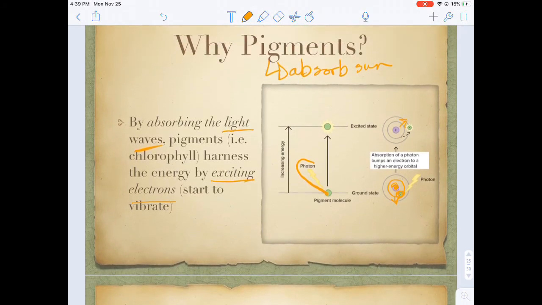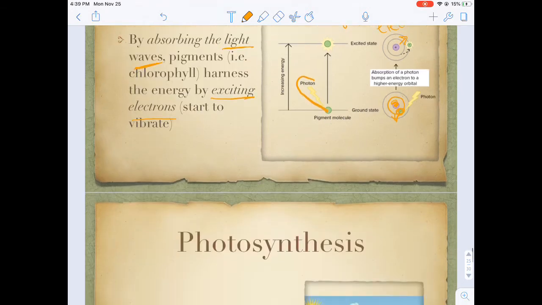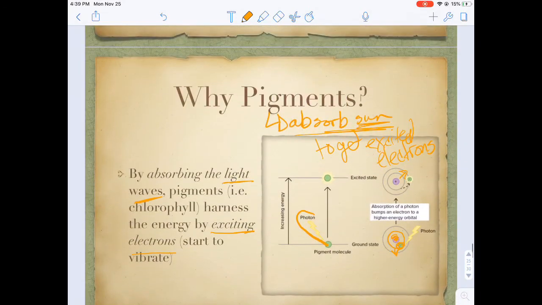The whole job of the pigment is to absorb the sun energy so that we get excited electrons. All right, so that's it for the photo part. So photo, we're taking light energy, and we're absorbing that energy by using pigments.